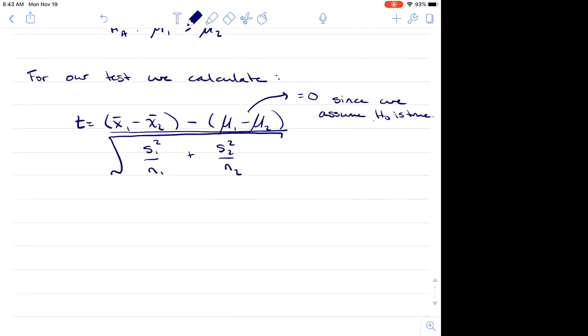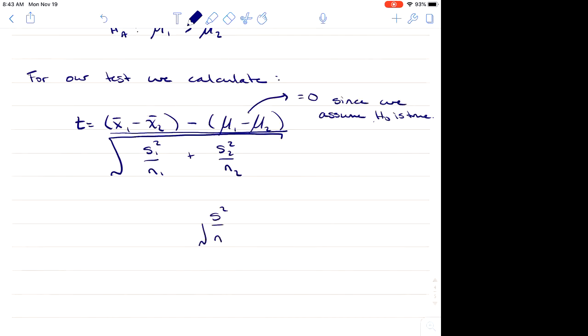But if you think about s squared over n all square rooted, that's the same as the square root of s squared over the square root of n, which is just s over root n. So they're a little bit different just because we're adding under here as well, but it's not that big of a stretch. We can't pull the square root inside just because we're adding inside, but you can see the similarities of how we went from s over root n to s squared over n all underneath the square root. Don't worry about that. That's the formula, just know how to use it.